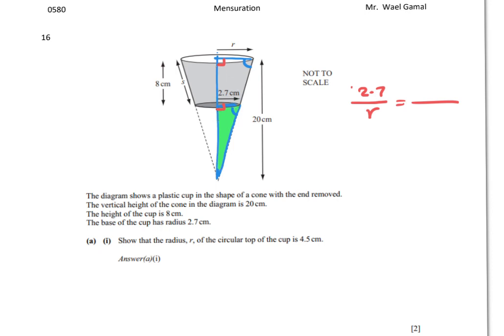So the height of the small triangle equals 12, and the height of the bigger one is 20. So 12 over 20. Because the two triangles are similar, the sides are proportional. So this side over that one equals this height over this one. Now we can find R with cross multiplication. So R equals 2.7 times 20 divided by 12, which is 4.5 centimeters.